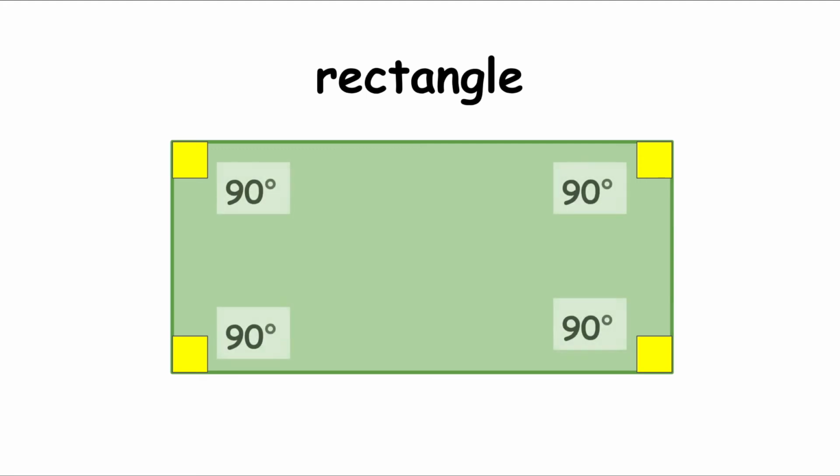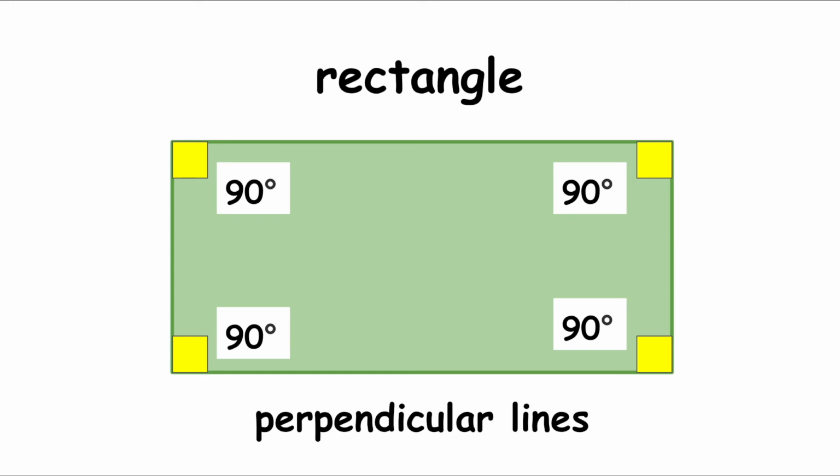There's one other special thing about the rectangle. If we look at the angles, you can see that they are coming at 90 degrees. So we say that these angles are right angles. And when we have 2 lines that are touching at a right angle, we say that these lines are perpendicular.